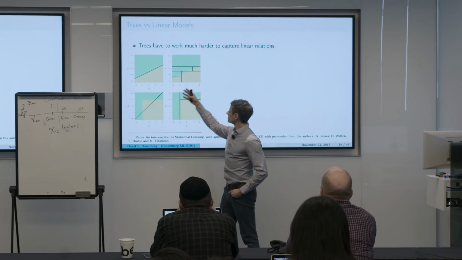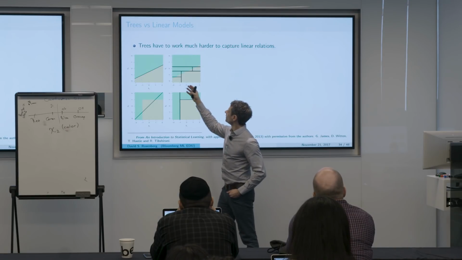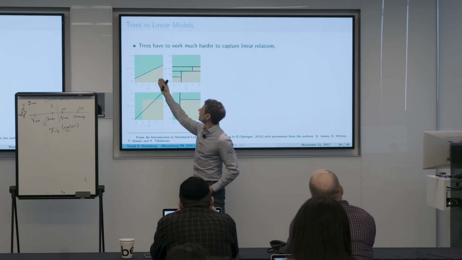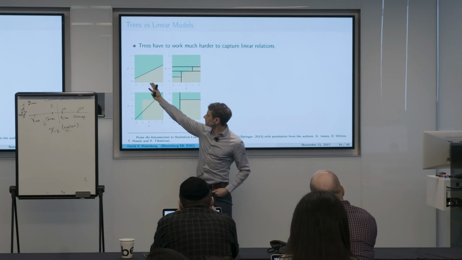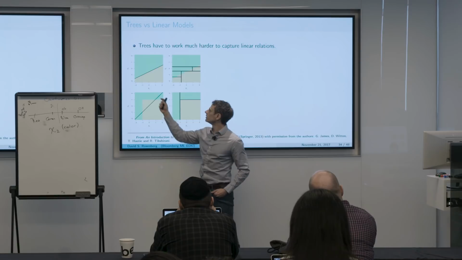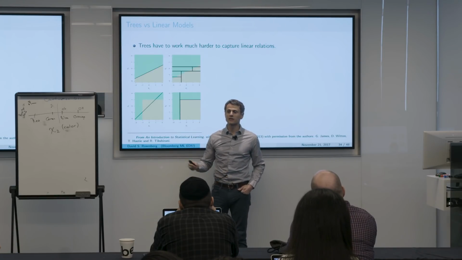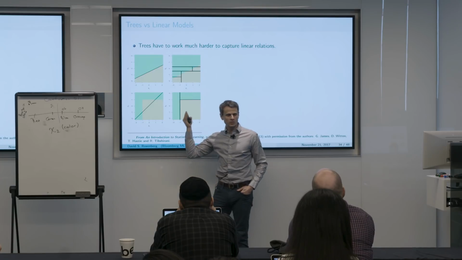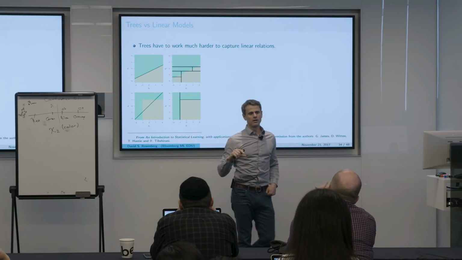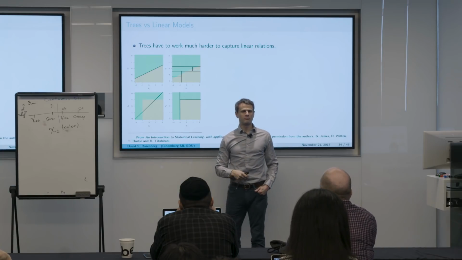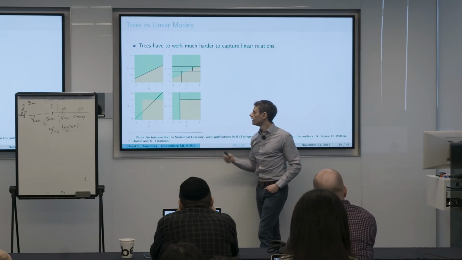On the top left, you see a linear method can separate these 2 classes piece of cake. But a tree method, which gives you these rectangular regions, has to work a lot harder to approximate that linear Bayes optimal separating region.